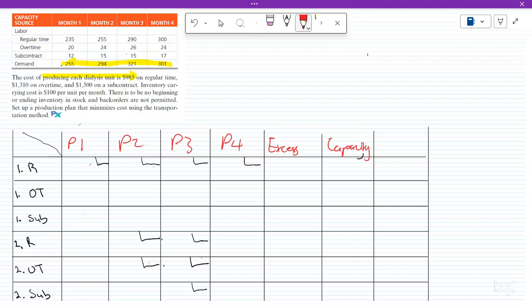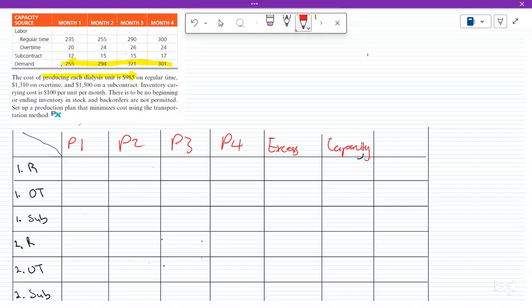So now it looks like we do not have initial inventory. If we don't have initial inventory, it's not a problem.